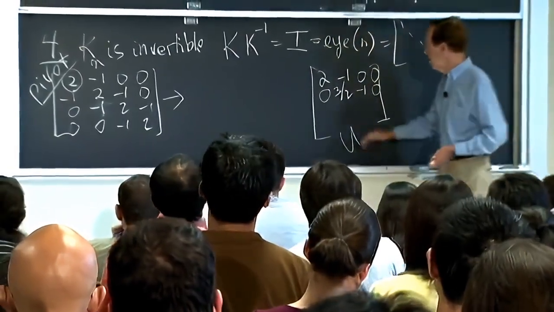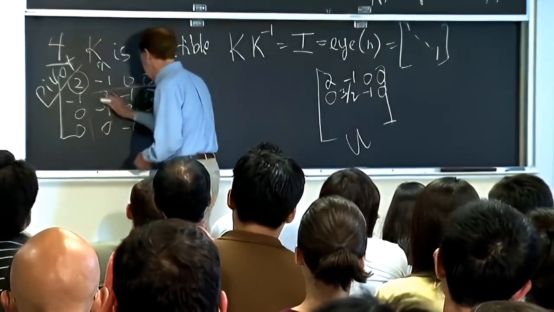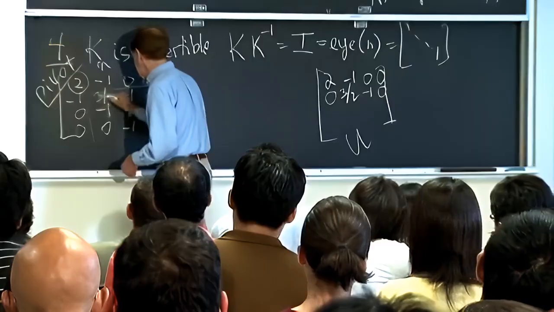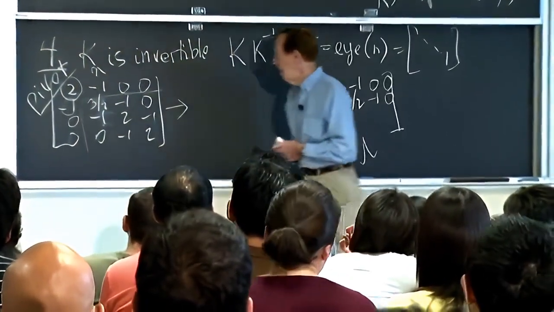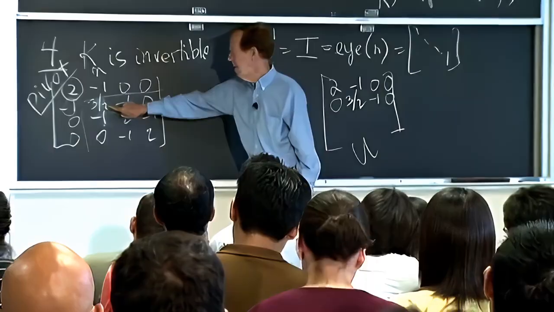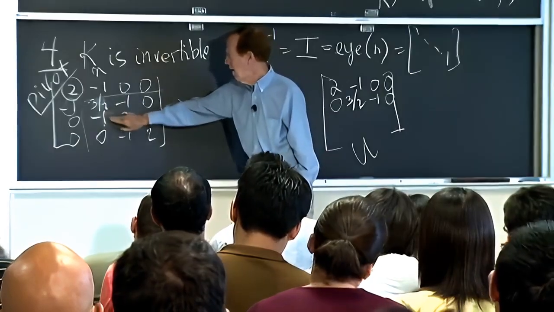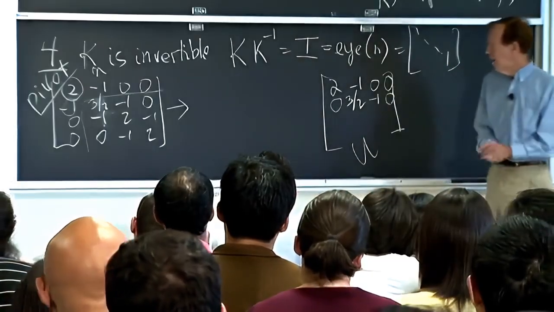So I'm ready to go on to the second column. It's like I've got to this smaller problem with a 3 halves here and a 0 there. What do I do now? There's the second pivot, 3 halves. Below it is a non-zero. I've got to get rid of it. What do I multiply by now?